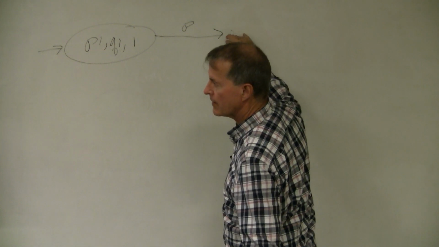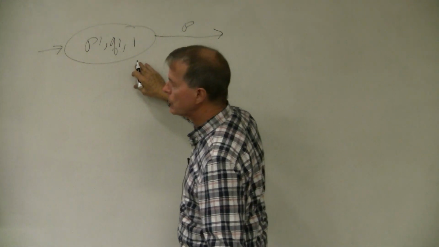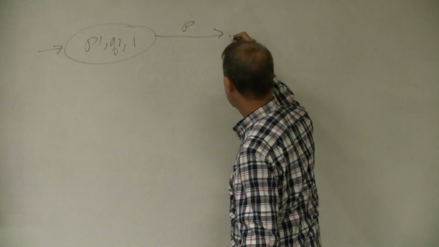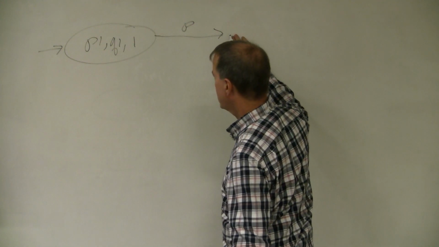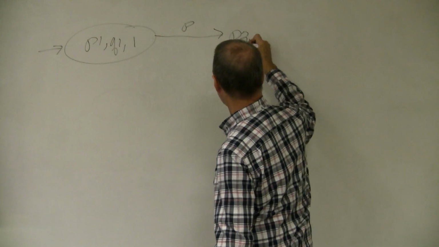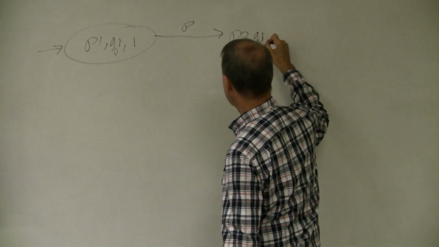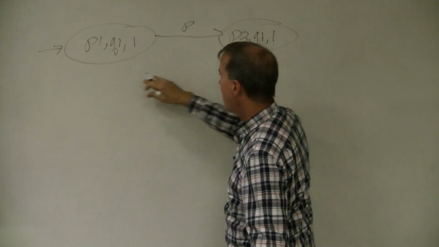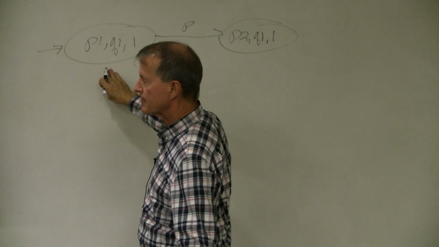And now what happens if we do P? Can we do P? Yes, we can do P. So what will it go to? P2, Q1, 1 still, right? But what happens if we try to do Q here?